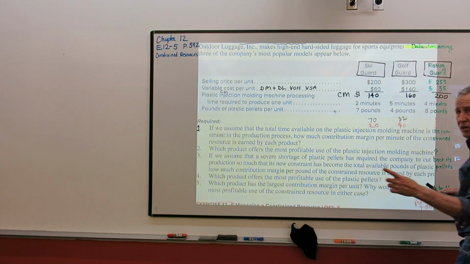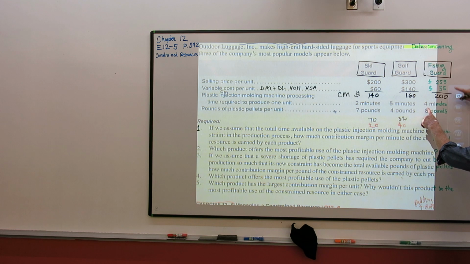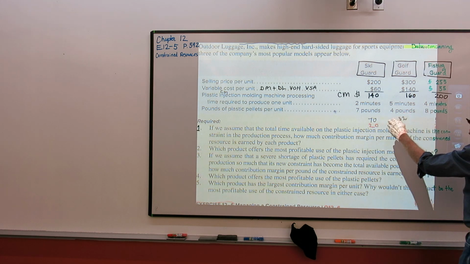Well, let's take a look. In 10 minutes, how many fishing guards can you make? You can make 2 of them, right? So 2 of these times 200, that's $400. But what if I make the other one?